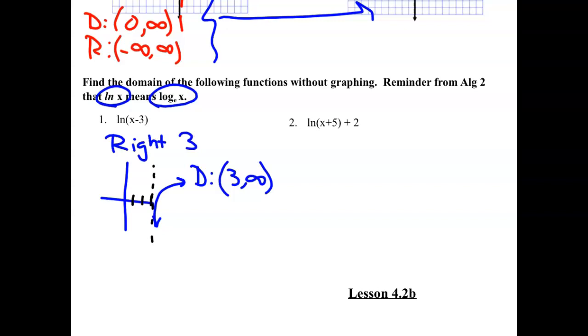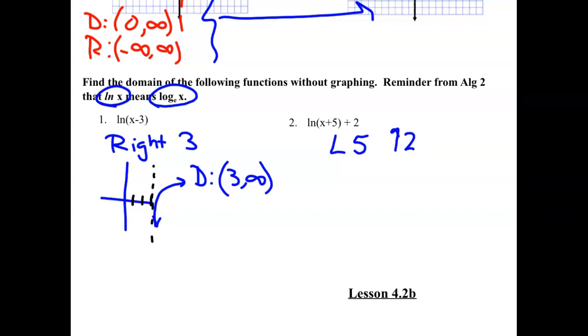Okay. For question 2, which way have we shifted it? Left 5 and up 2. Does the up 2 matter? Doesn't affect my domain. It's going to move my graph up 2 spaces, but it's not going to affect where it levels off. The left 5 is.